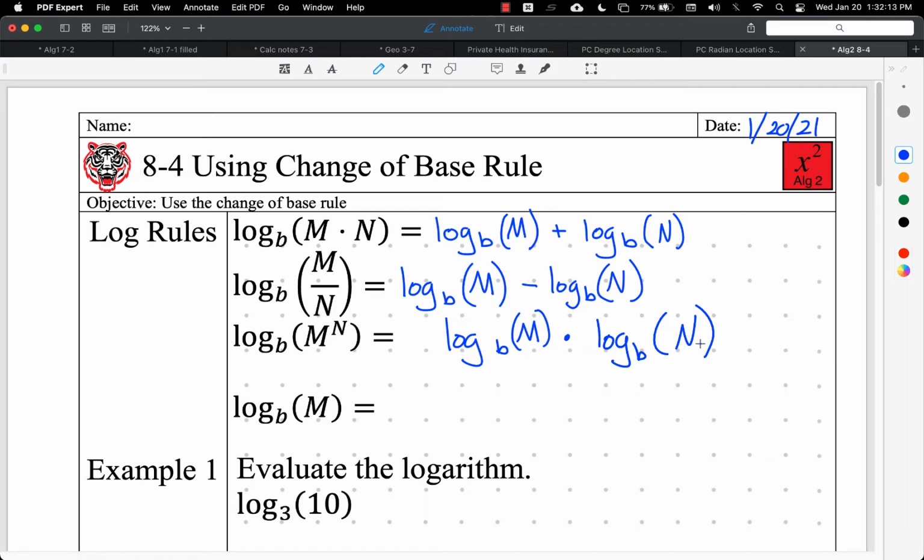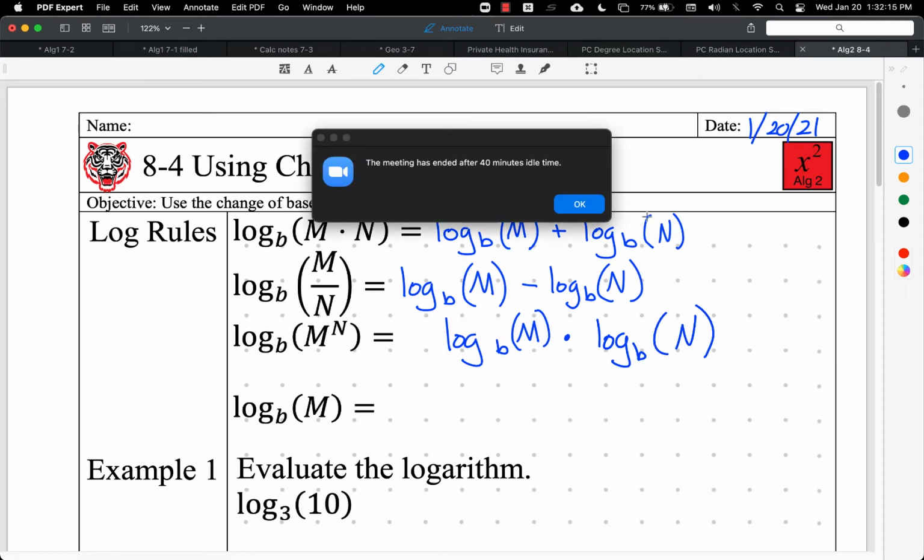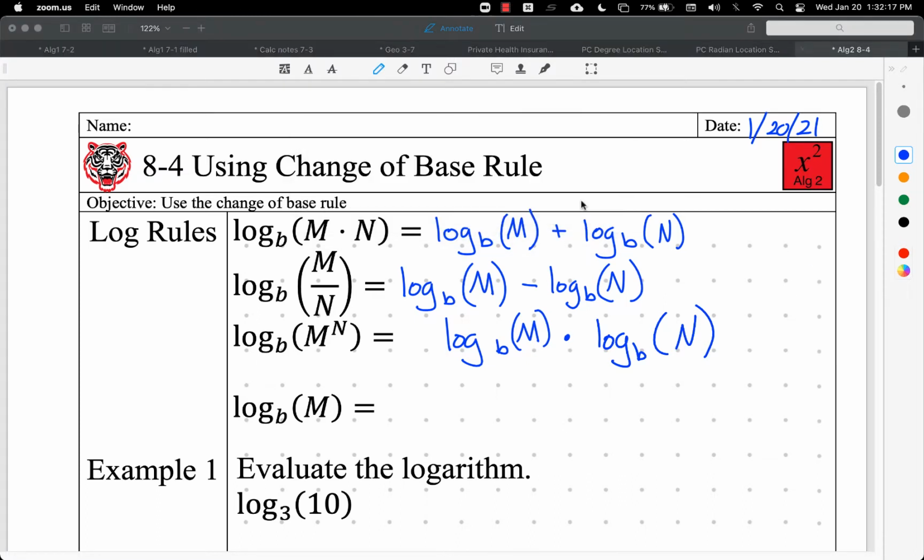Can you read the whole thing again? Okay, that's not quite right.